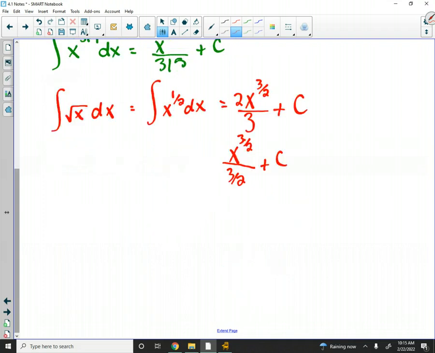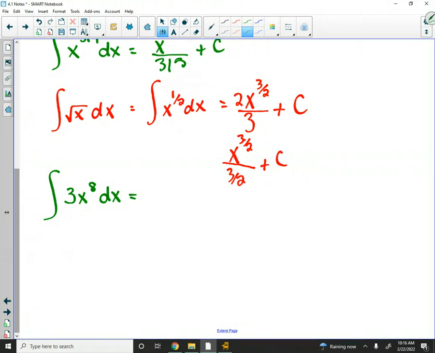All right, now let's try, I'm going to start the constant rule in here now. I'm going to go 3x to the 8th dx. So now this is kind of starting to incorporate another rule. This is where we have the power rule, but we also have a constant.